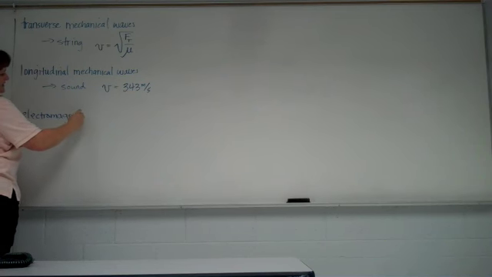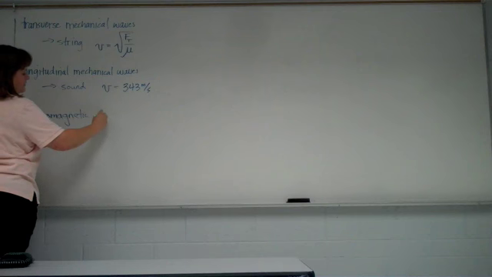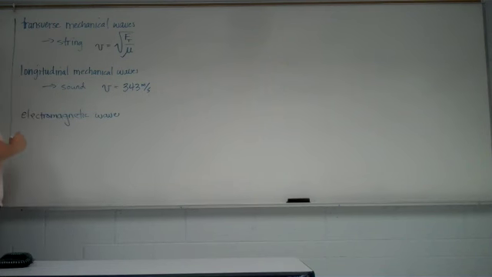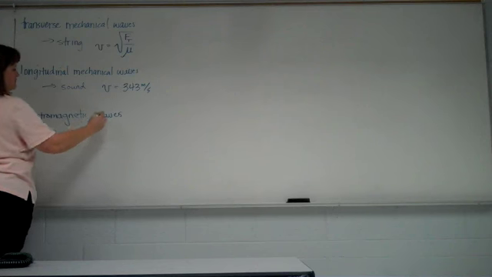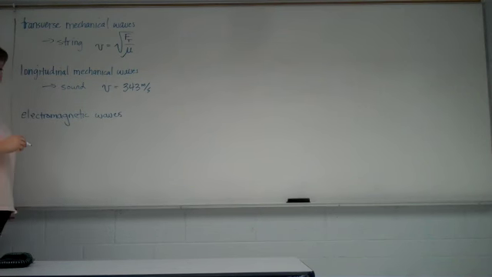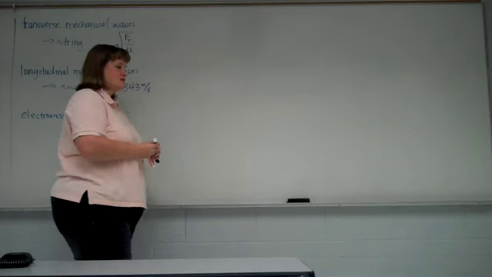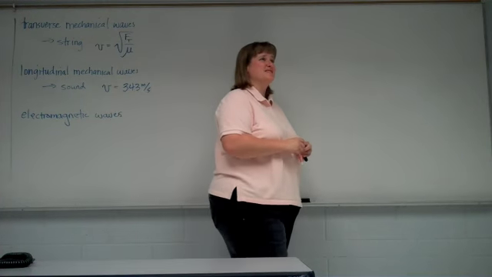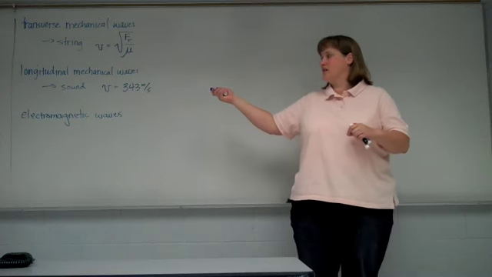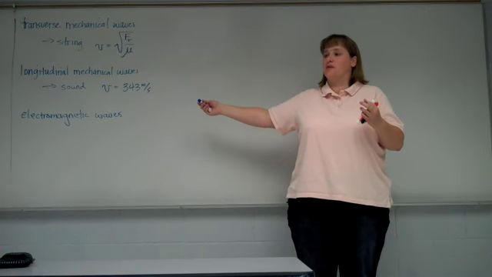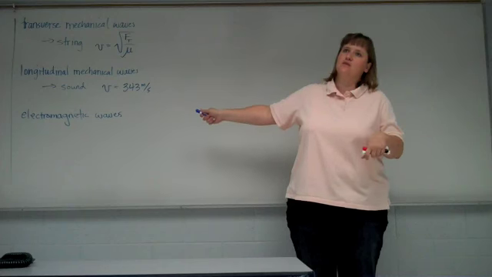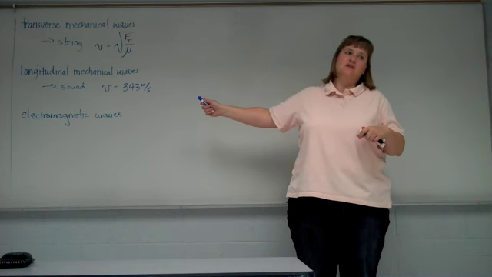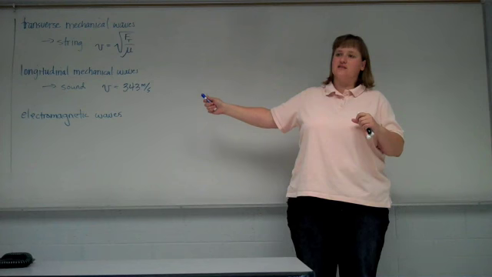The third main type of wave we're going to talk about right now are electromagnetic waves. Visible light is a type of electromagnetic wave. It is certainly not the only type of electromagnetic wave. Your book has a table of all the different types.